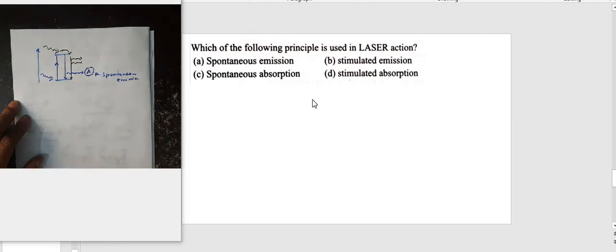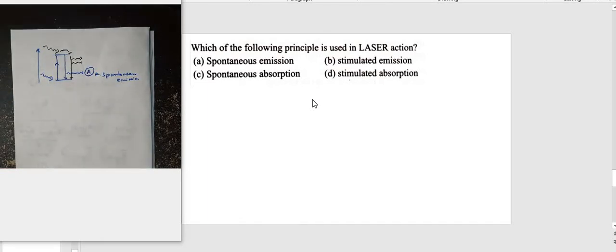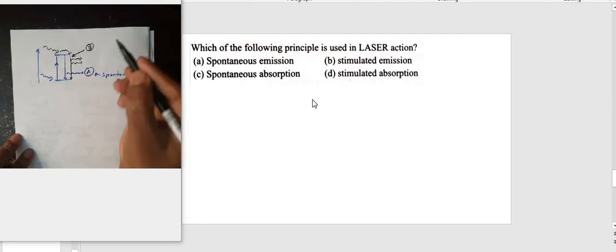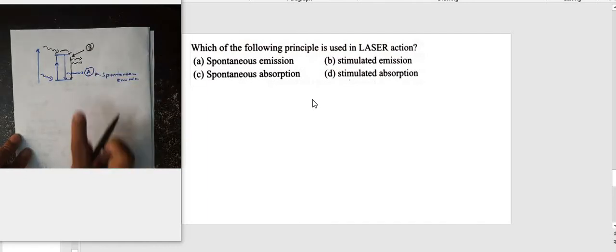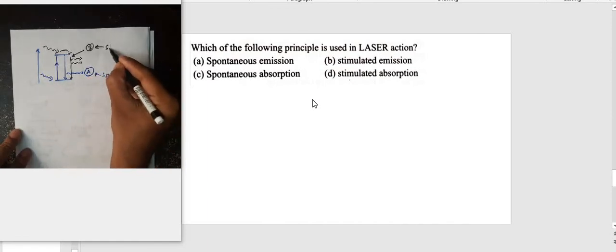Stimulated emission will give you more photons. Therefore, for light amplification, we require stimulated emission. For stimulated emission, we represent the rate constant as B. This is the rate constant for spontaneous emission, and this is the rate constant for stimulated emission.